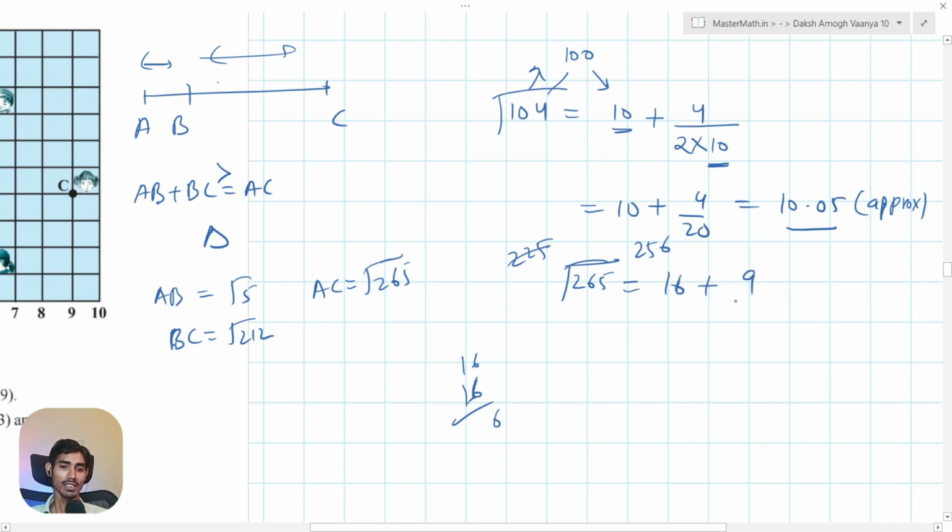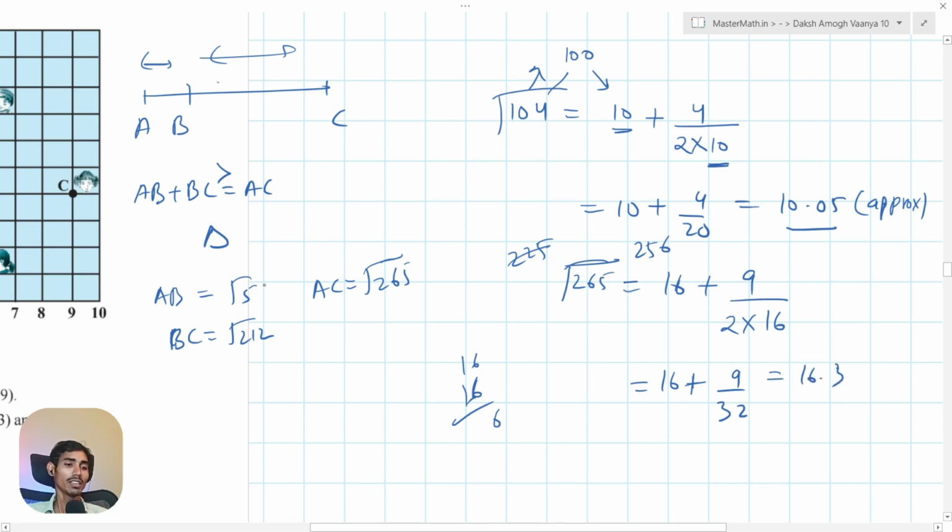What is the difference? 9 is the difference. 2 is always there, and again 16. So 16 plus 9 by 32. Now that is far better than taking the square root separately, and you can solve this as approximately 0.3. So 16.3.